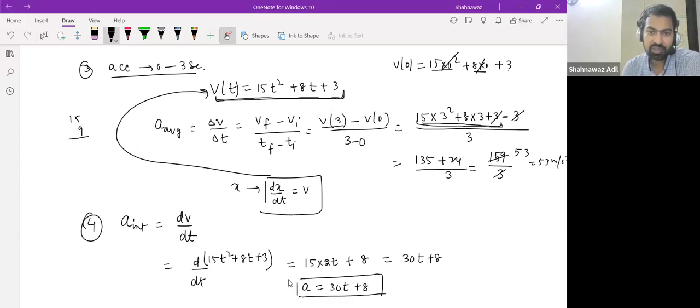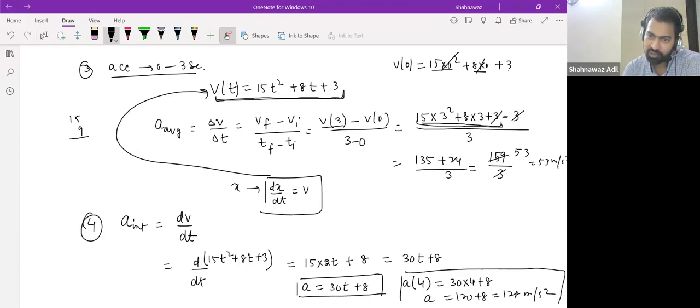And they want us to calculate the acceleration at 4 seconds. So the acceleration at 4 seconds would be 30 into 4 plus 8, which is 120 plus 8, which is 128 meters per second square. So this is the acceleration. You guys please note it down.